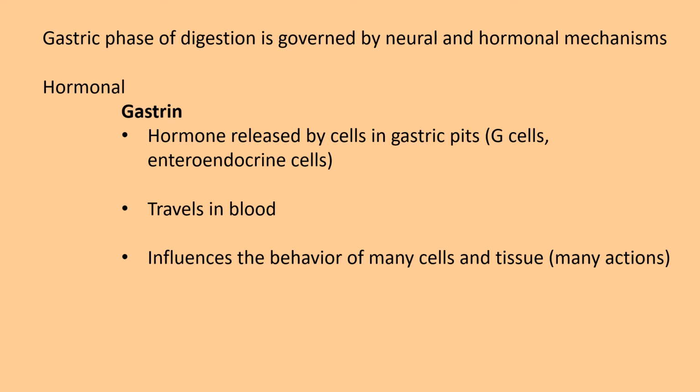And gastrin is secreted specifically by enteroendocrine cells that are in the mucosa of the stomach, part of the gastric pit. And so this circulating hormone gastrin has several target tissues, meaning tissues that will change their behavior in response to gastrin.